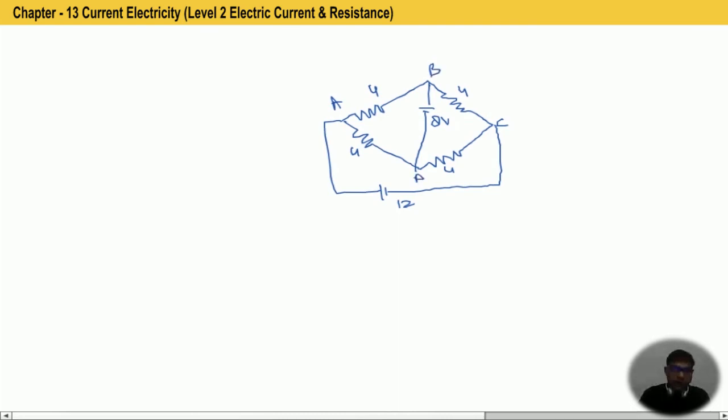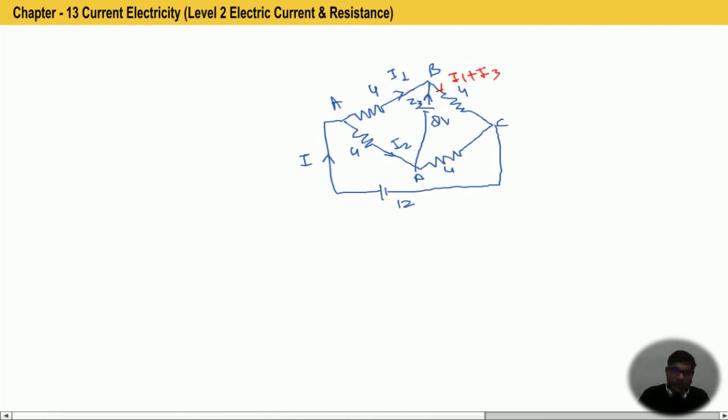Now, assume that current I is coming out of the 12 volt cell, current I1 is in this branch and I2 in this one, and suppose the other cell is delivering current I3. Then according to KCL, current in this resistance would be I1 plus I3.